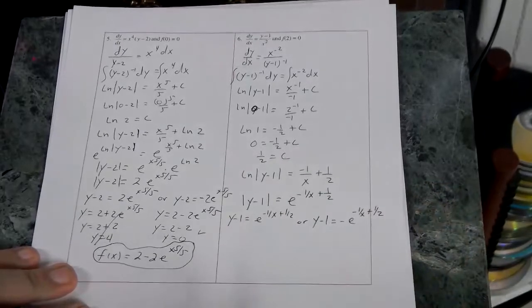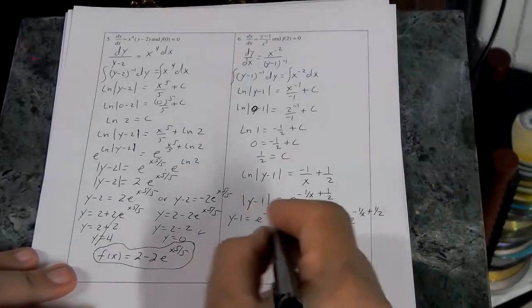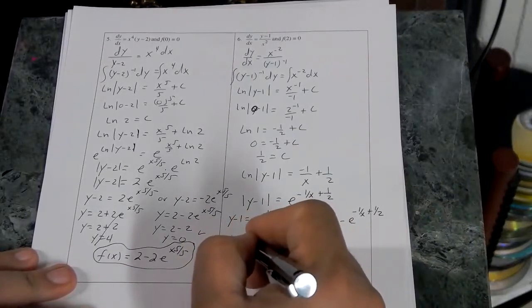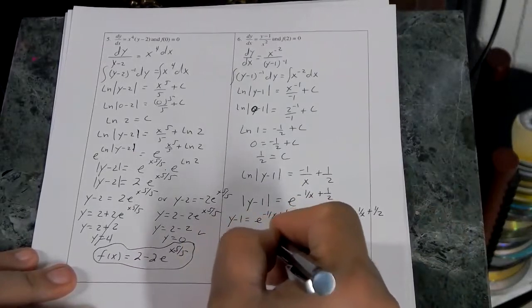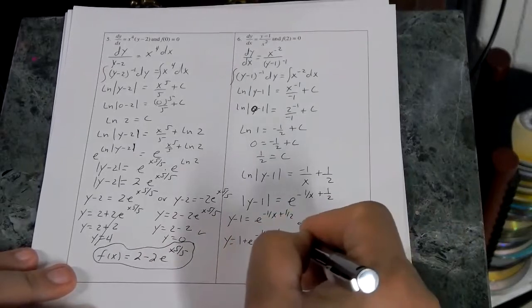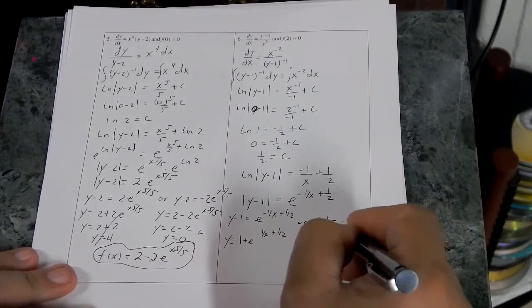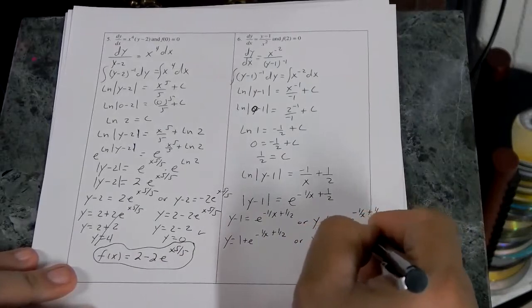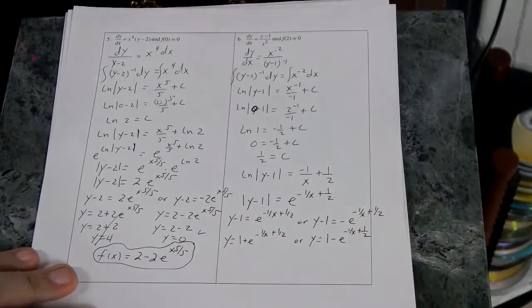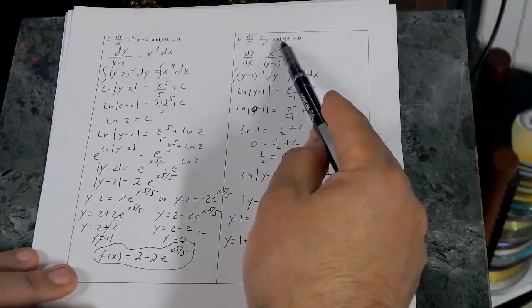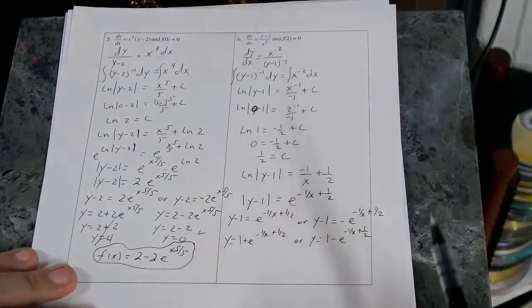Okay, so if I solve for this, I get y equals 1 plus e to the negative 1 over x plus 1/2, or y equals 1 minus e to the negative 1 over x plus 1/2. Okay, now I need to plug in when x is 2, y is 0.